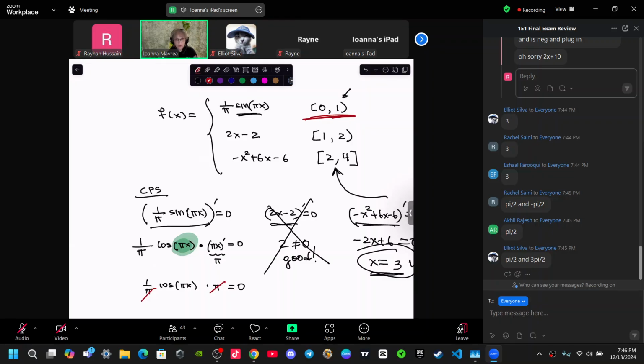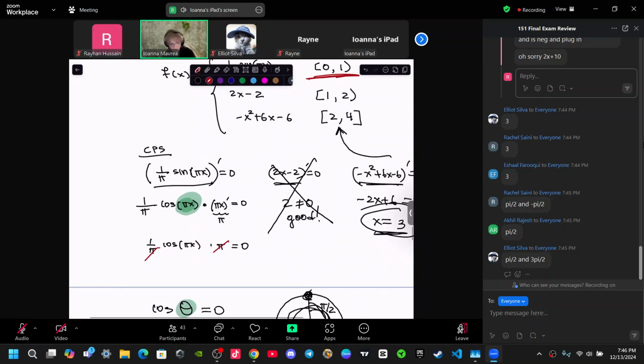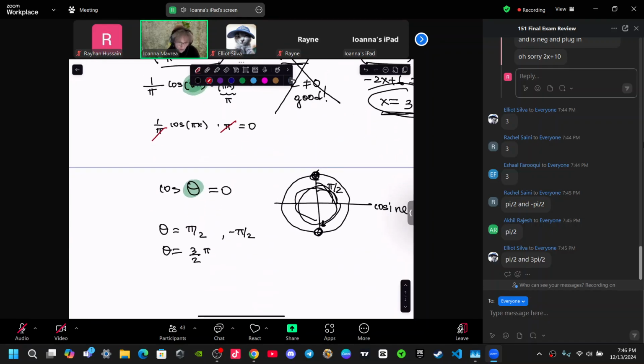For x, not for theta. Theta is pi x, right? Numbers between 0, including 0, all the way to 1, not including 1. So noting that theta is equal to pi x, I wonder, is there an x in the interval from 0 to 1 that gives me cosine theta equal to 0?